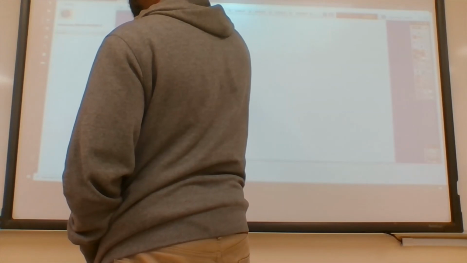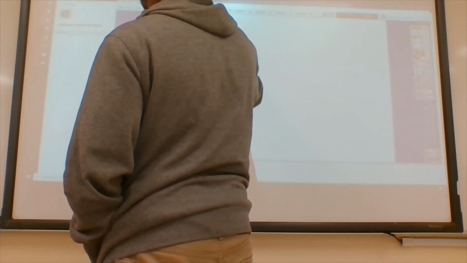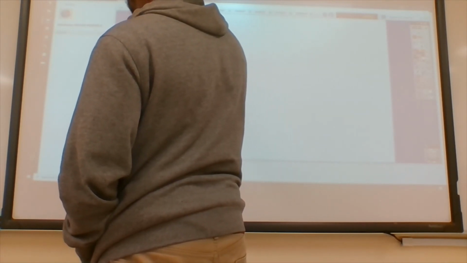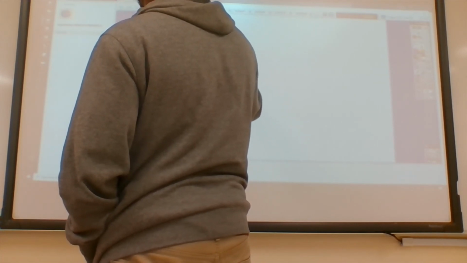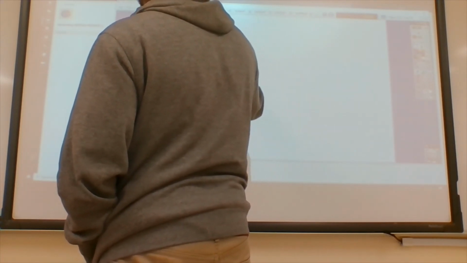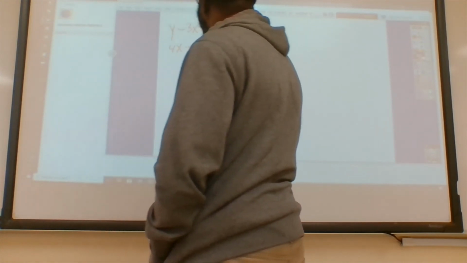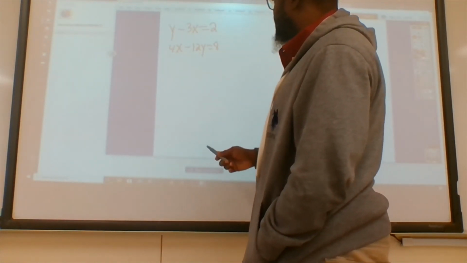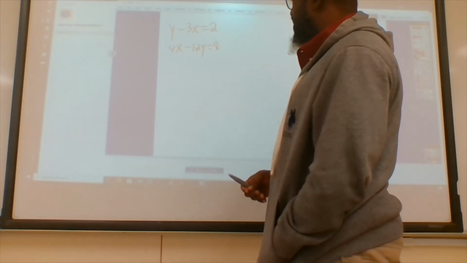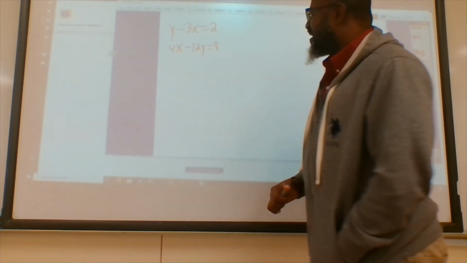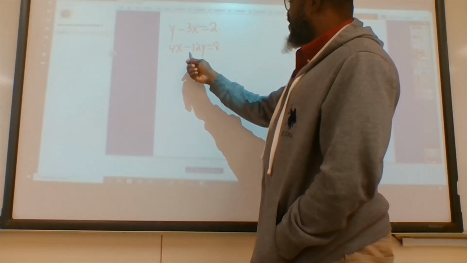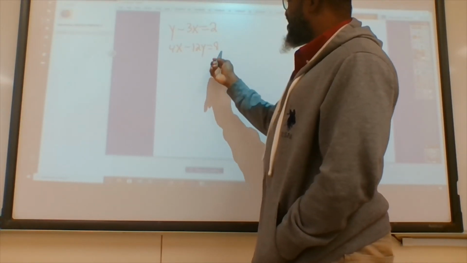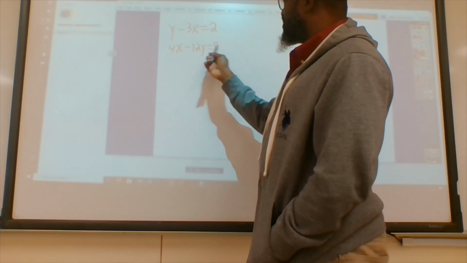Y minus 3x is equal to 2, and 4x minus 12y is equal to 8. Alright, let's try to graph the first one. Before we graph it, let's see what's going on. Those have 4 in common. You could have simplified that if you wish.